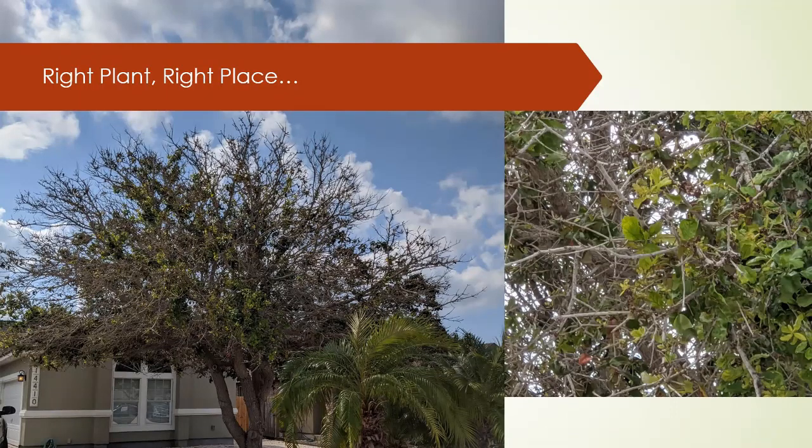So I was out on the island photographing actually sick palm trees, and I came across this live oak. Anyone have an idea what might be wrong with it? I'll give you a hint. They're called inland live oaks for a reason. Salt. Salt water. Yep. They do not like growing on the island.